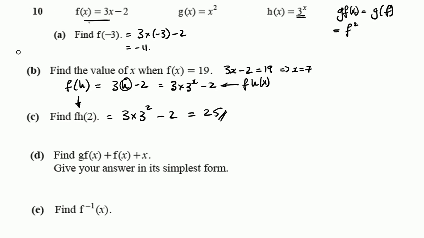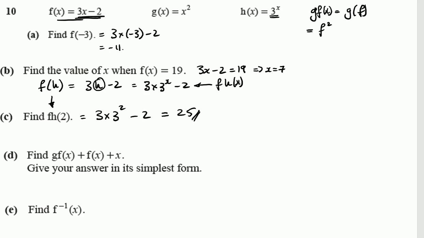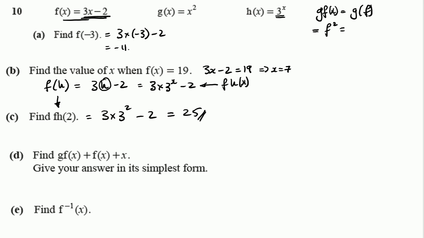But f is 3x minus 2, so f squared is (3x minus 2) squared. Okay, so that's gf(x). Let's substitute this in. (3x minus 2) squared plus f(x), which is 3x minus 2, plus x.